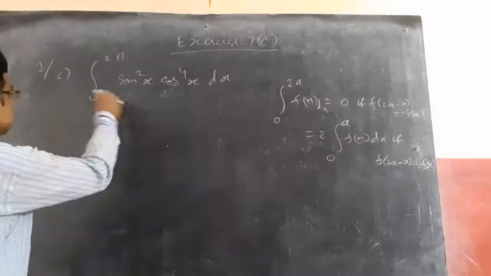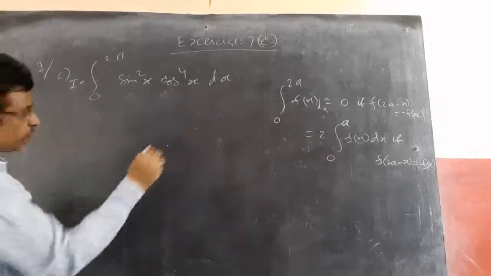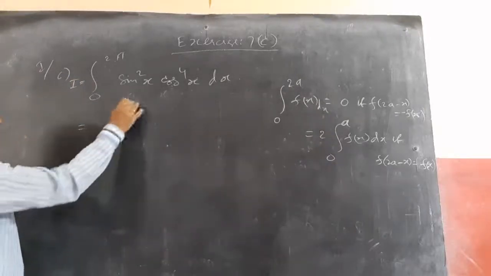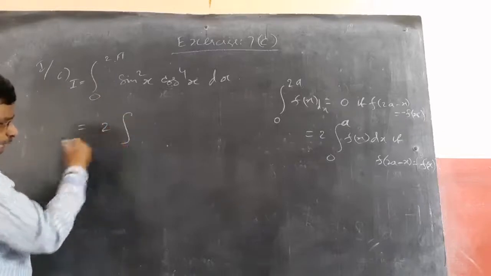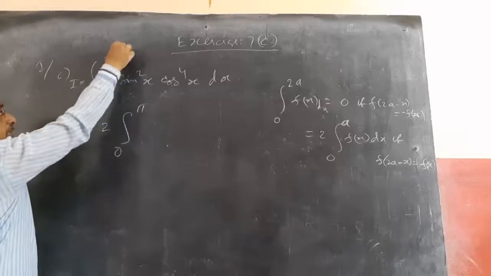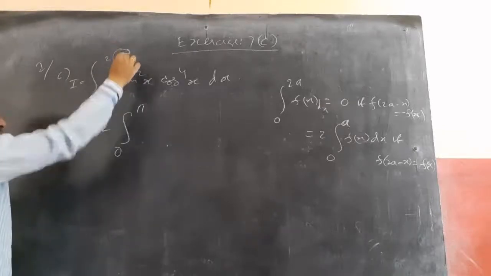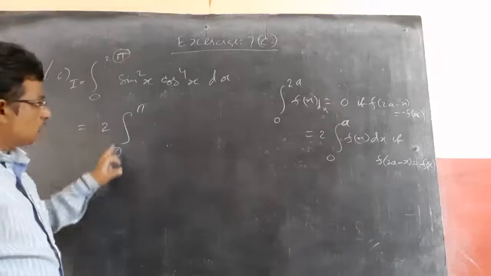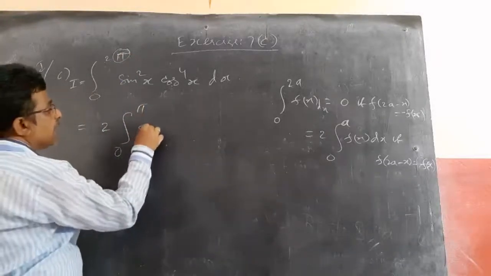According to that formula, since it is an even function type, I can write 2 into integral 0 to a. Here a is pi, since 0 to 2 pi means 2a. So f of 2a minus x equals f of x, and I can write 2 into integral 0 to pi f(x) dx.